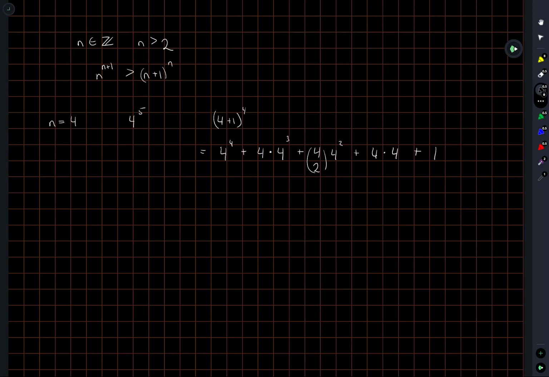And what does 4 choose 2? 6, right? Okay, so let's replace this with a 6. Okay, so I'm comparing now, for this value of n, 4 to the power of 5 compared to 4 to the power of 4.